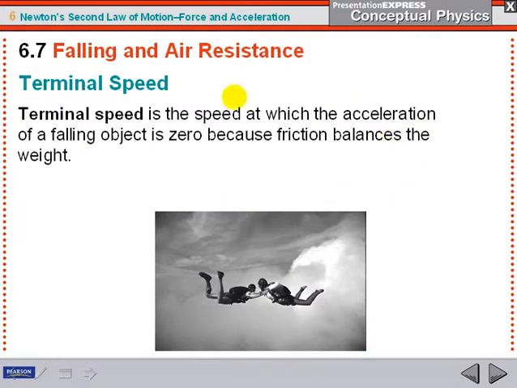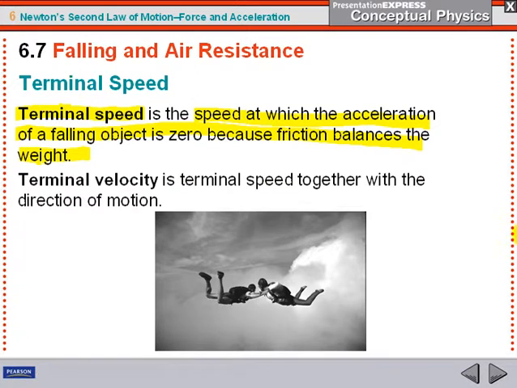Okay, terminal speed is the speed at which the acceleration of a falling object is zero because the friction balances the weight. And that friction is going to depend on the speed of the skydiver and the weight of it. Terminal velocity is just another word we use when we talk about terminal speed along with the direction of the motion.